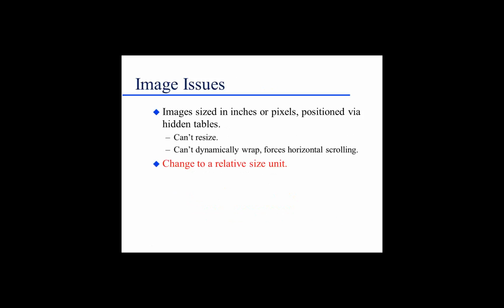And again, what you want to do is try to change to a relative size unit, like percent. You want to remove images from tables. Stop using tables with hidden borders, and instead position your images using the float property of the image IMG tag in the style sheet.